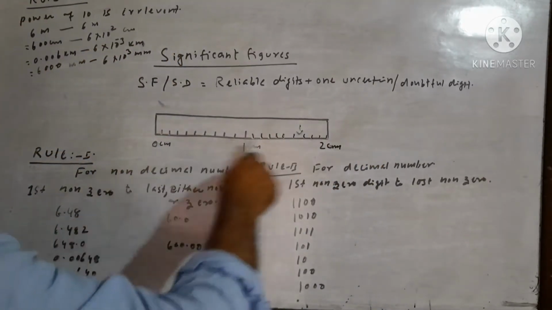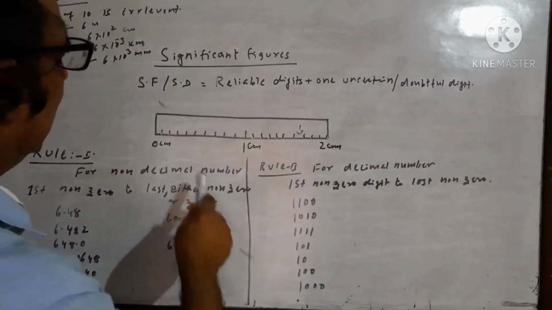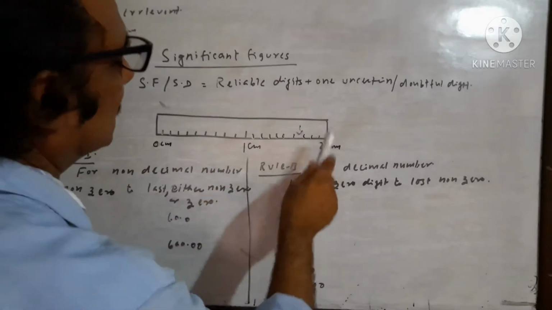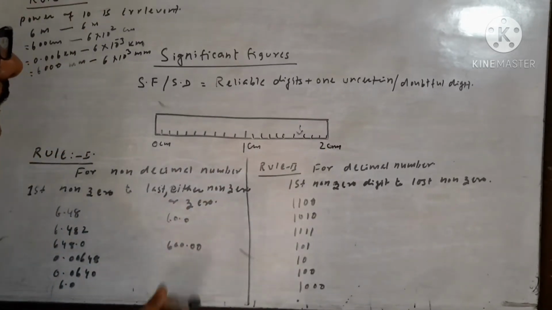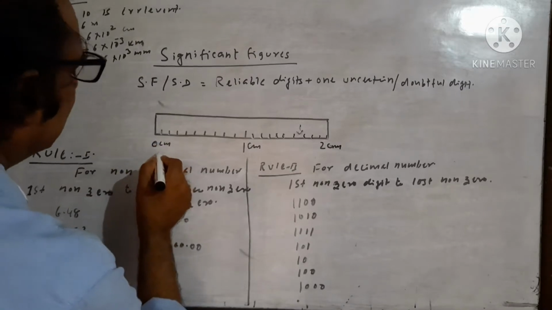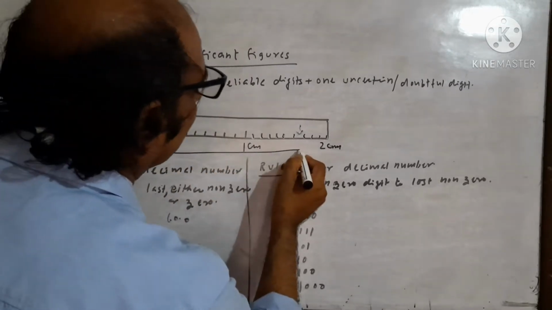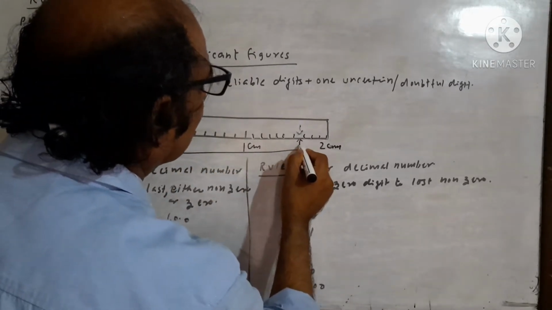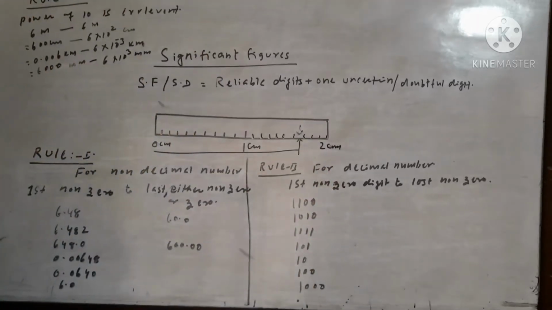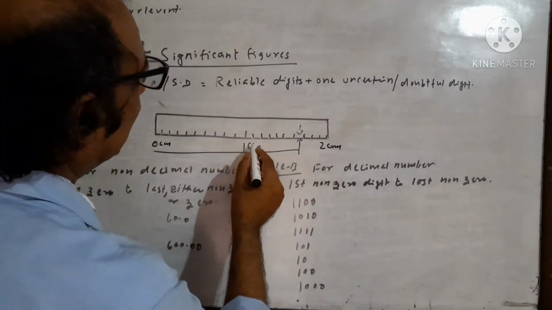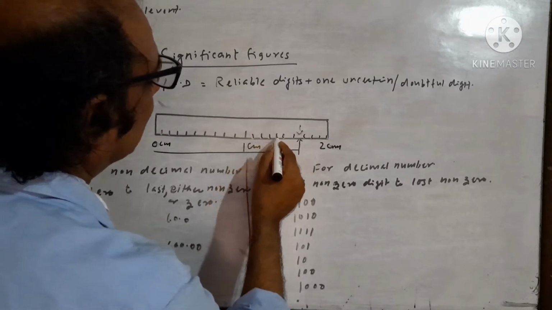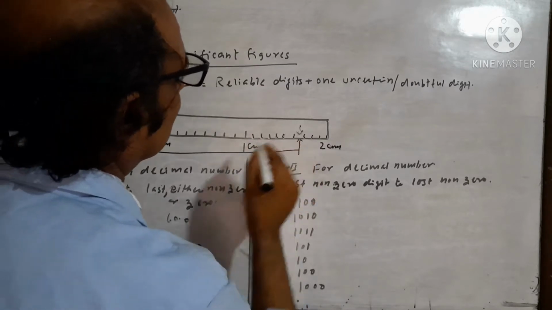Consider a meter scale, simply, with 0 centimeter, 1 centimeter, 2 centimeter. When the length is measured by this scale and the indicator is here, this is 1 centimeter, then 0.1, 0.2, 0.3, 0.4, 0.5, 0.6.